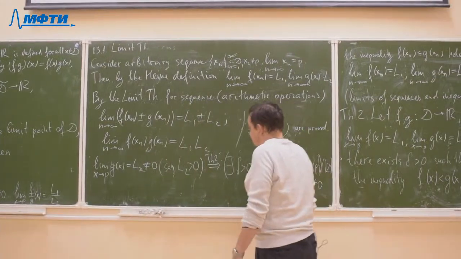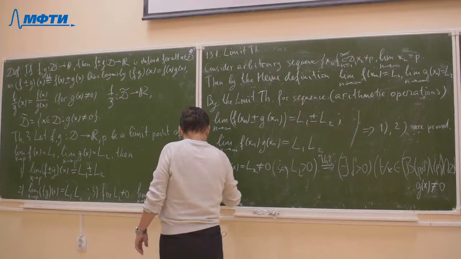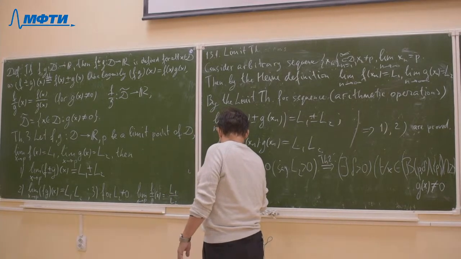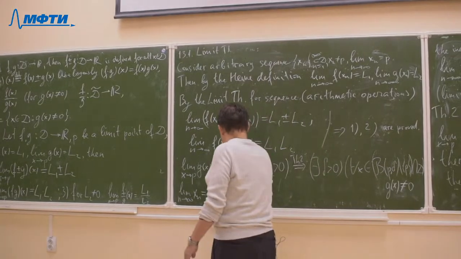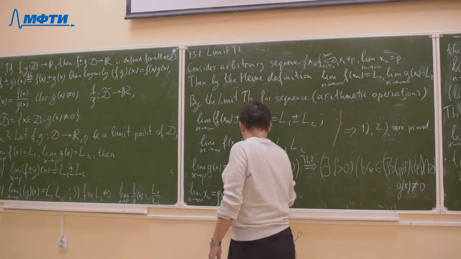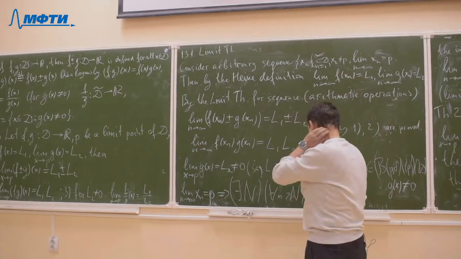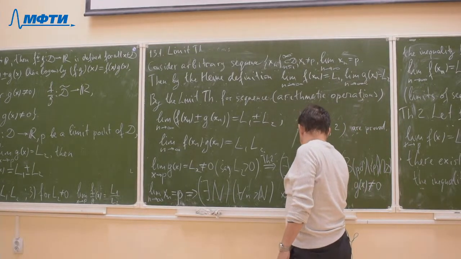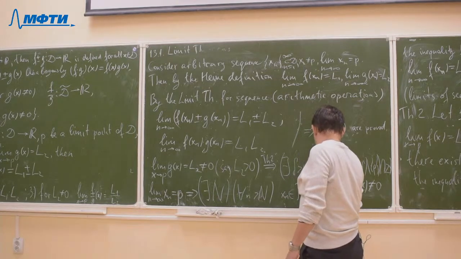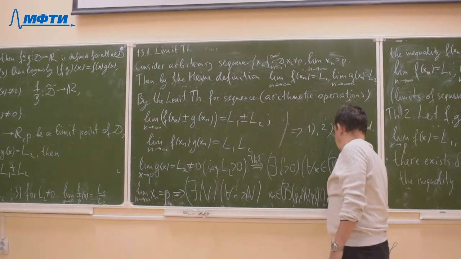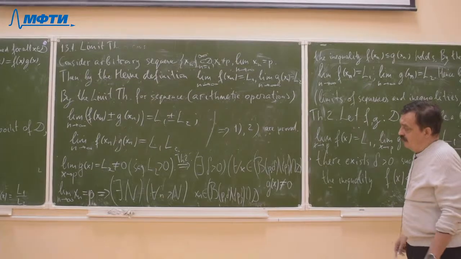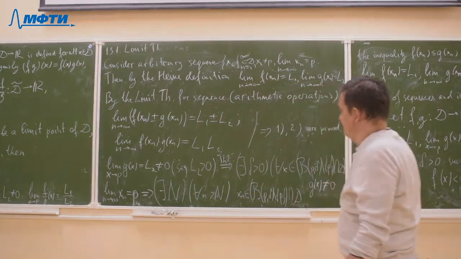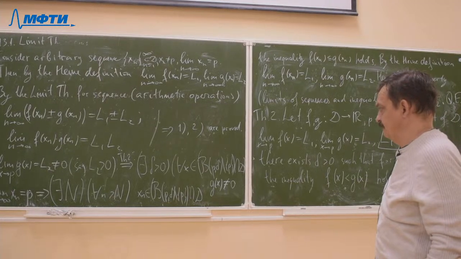Then, from the property that the limit of xn equals P, we deduce that there exists a natural N such that for all n greater than N, all members of our sequence xn belong to this set B of P delta without P intersected with D. Of course, here we should also use both suppositions from the beginning, right?